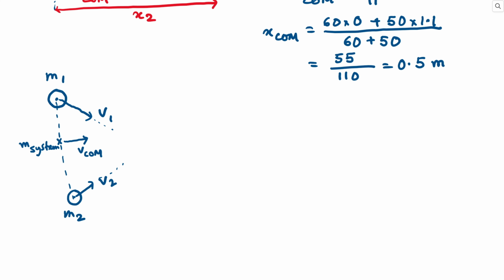Then the momentum of the center of mass, which is simply the mass of the system times the velocity of the center of mass, is equal to the total momentum of the entire system. So that's the relationship between the mass of the system, the velocity of the center of mass, and the total momentum of the system.